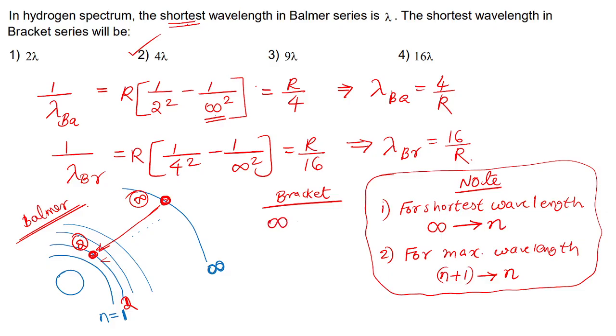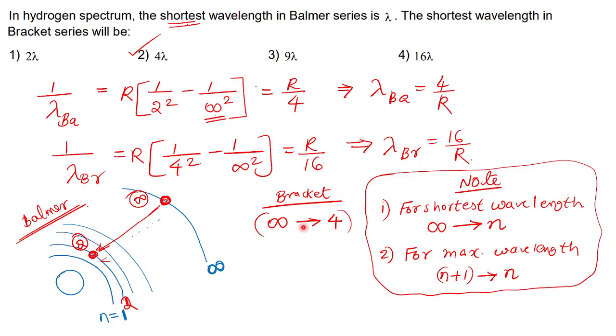Shortest wavelength means infinity to 4, because the jumping should be done from infinity for the shortest wavelength. And jumping to 4 is required because for the Brackett series the jumping should be done to n equal to 4. Lyman is to n equal to 1, Balmer to n equal to 2, like that.